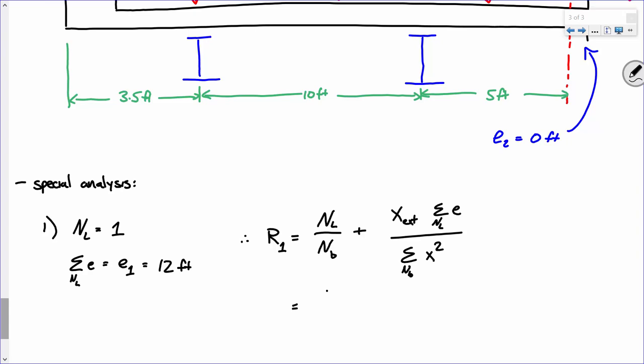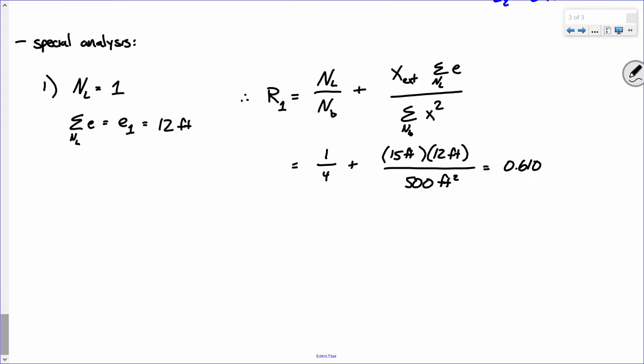So that is 1 over 4 plus what? 15 feet times 12 feet over 500 square feet. And that comes out to be 0.61. Now, is that my distribution factor? The answer is no.